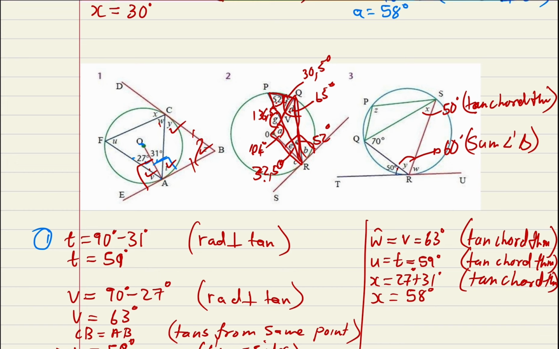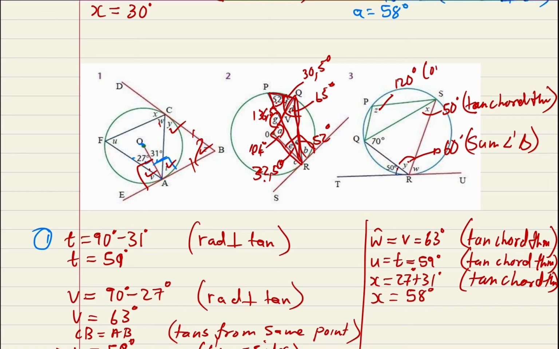Then if you have something like that, this one plus this one is 180 degrees. Do you remember? Opposite angles of a cyclic quad. Hence that means Z will be 180 minus 60 degrees. So Z will be 120 degrees.